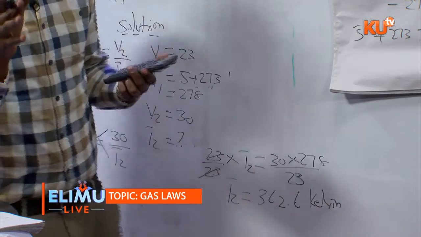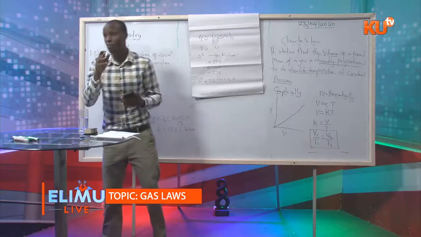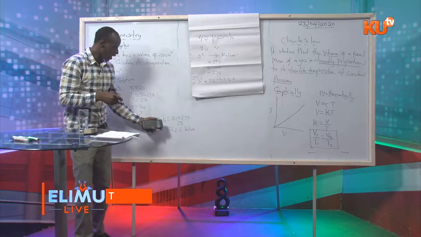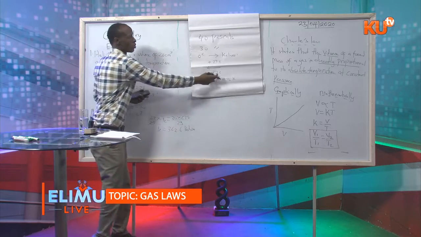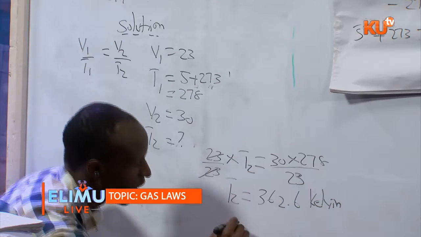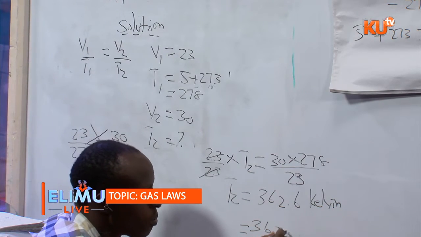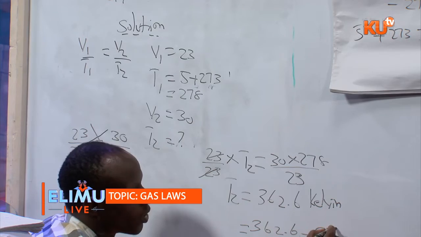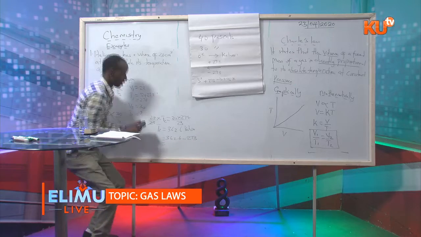So you be keen, if they have indicated the temperature in degrees Celsius, I'll have to subtract 273 to change it back to degrees Celsius. So if I want it in degrees Celsius, I'll say 362.6 minus 273.